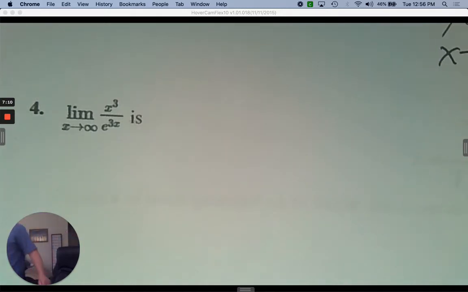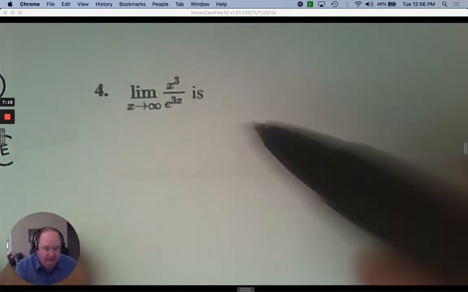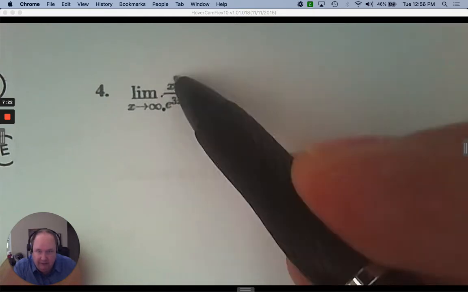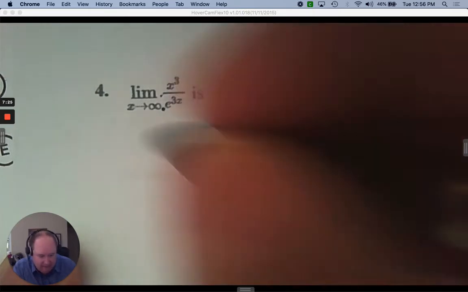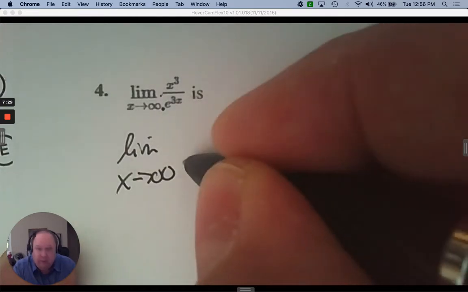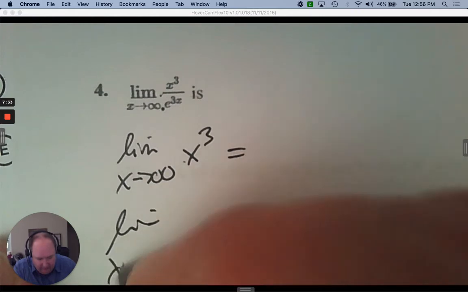So let's do number 4 right now together. So number 4 is the limit as x approaches infinity of x cubed over e to the 3x. So recognize that we're going to separate the numerator and denominator and see if this is indeterminate to begin with.